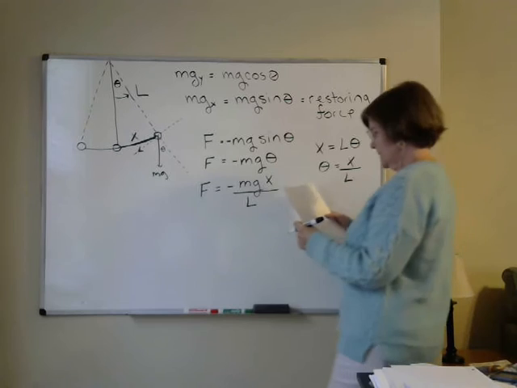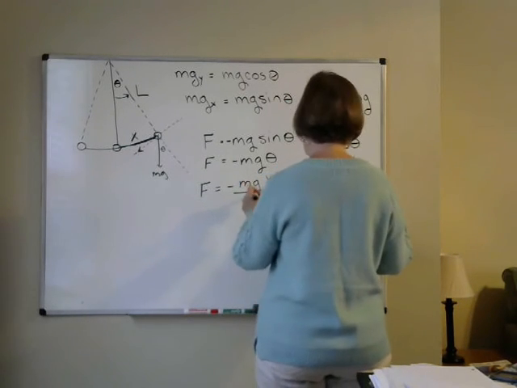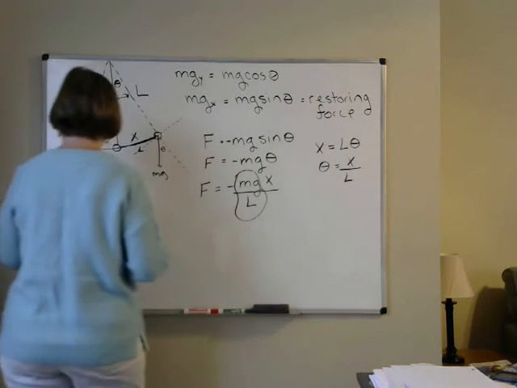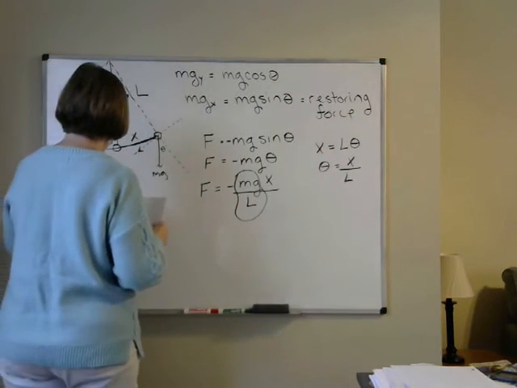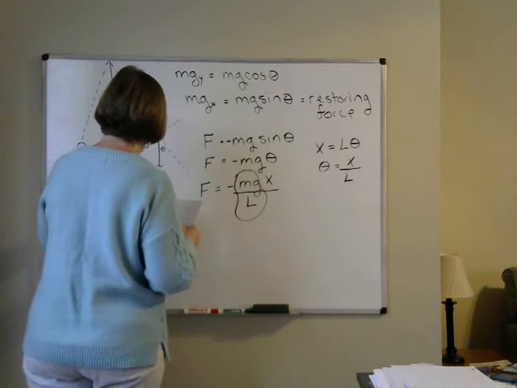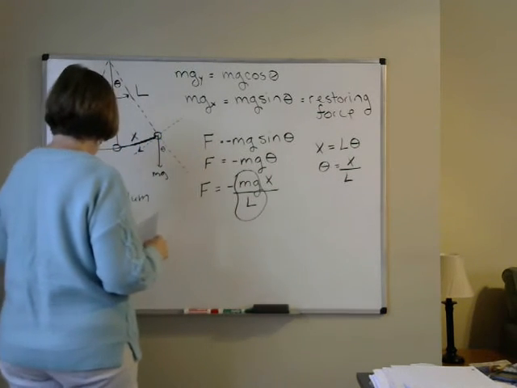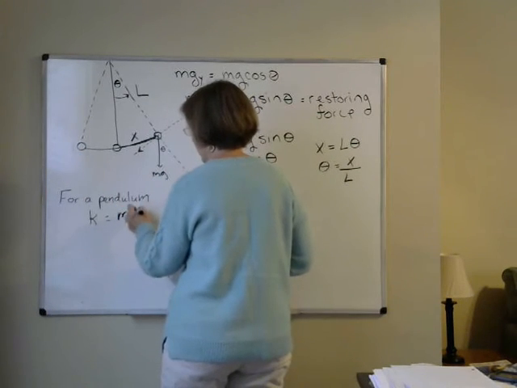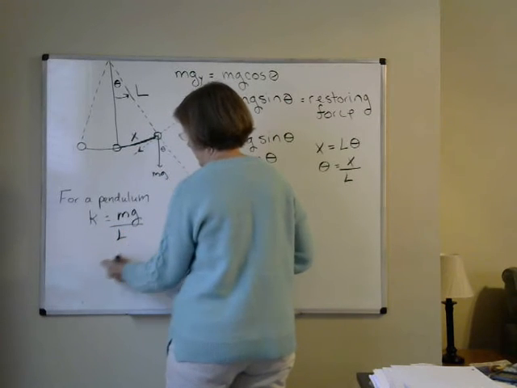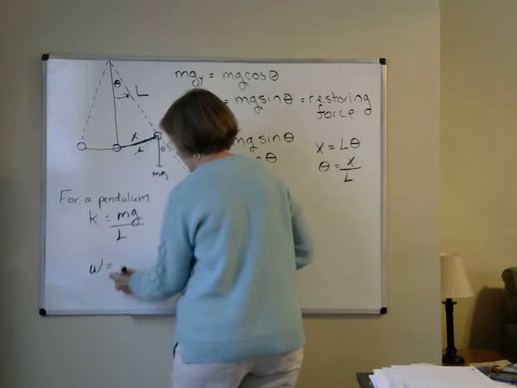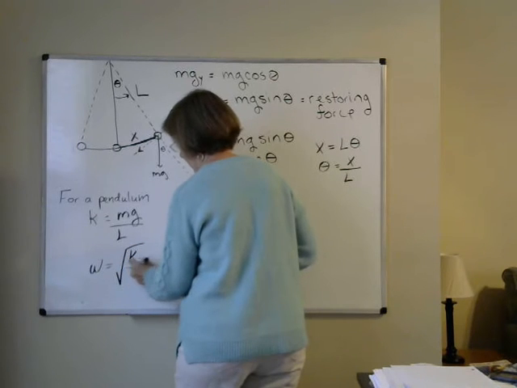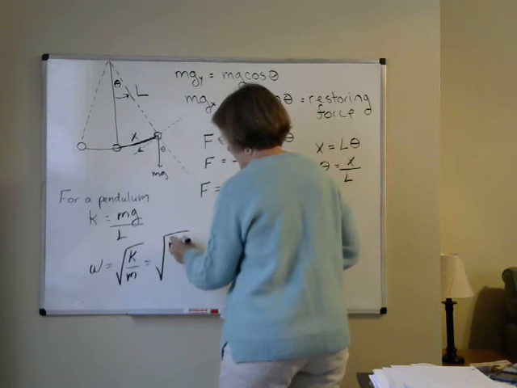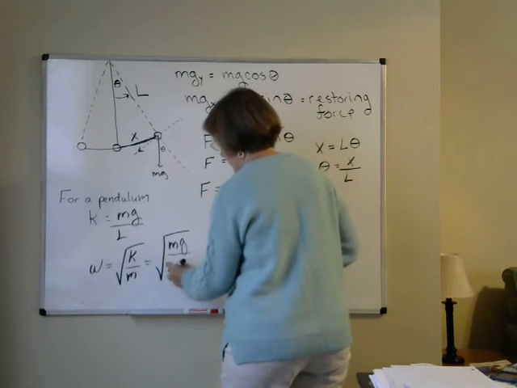What that means is, for a pendulum, our spring constant isn't a spring constant, it's mg over L. And so omega, which was the square root of K over M, becomes the square root of mg over Lm.